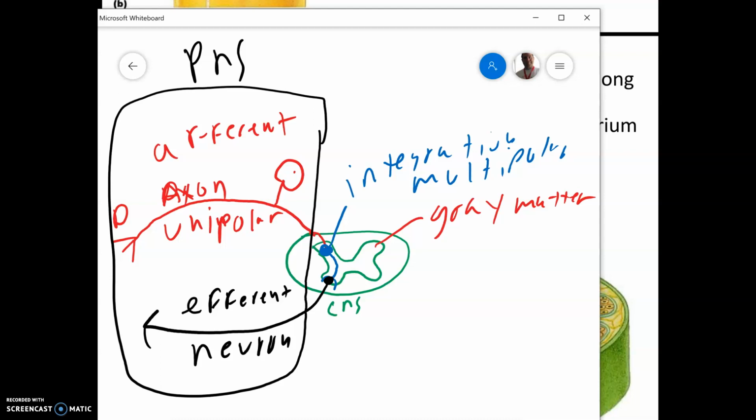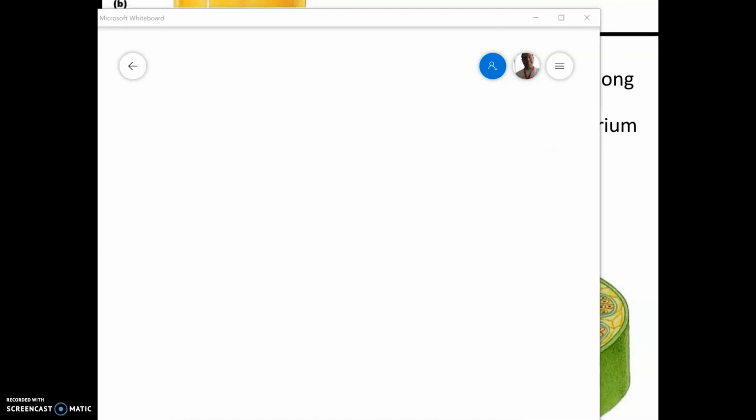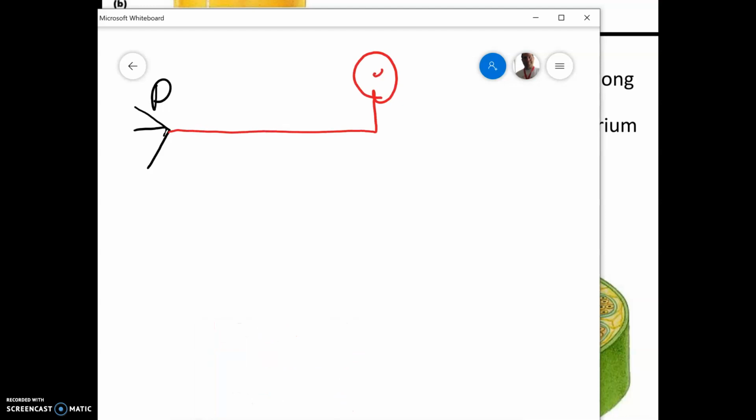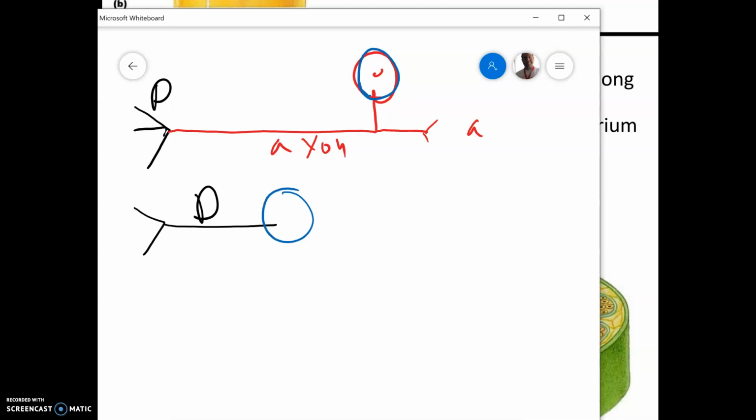And we have our three types of neurons. We have unipolar neurons, so dendrites with one long axon. The cell body is over here. And these are always afferent. We have bipolar neurons that have one dendrite, a cell body, and one axon.